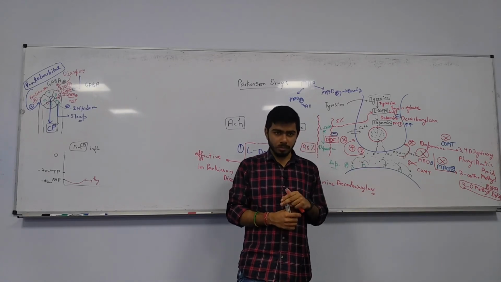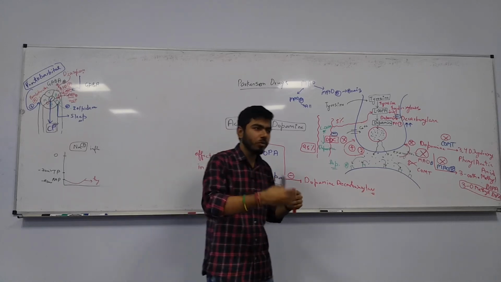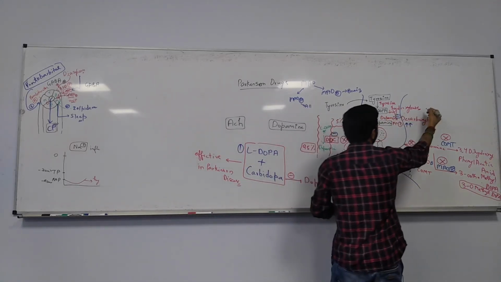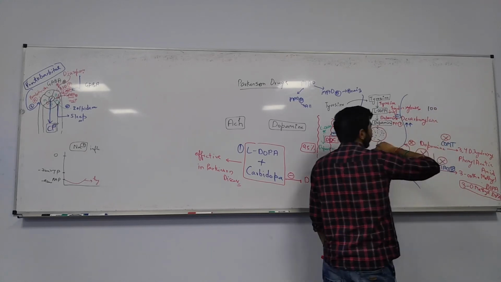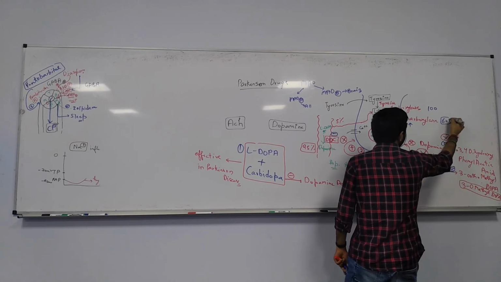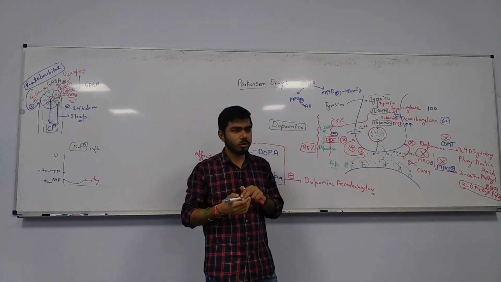Most of the levodopa will not be able to convert, so hypothetically, if we give 100 molecules of levodopa, at least 50 or 60 will be able to convert into dopamine. So we need to give high doses.